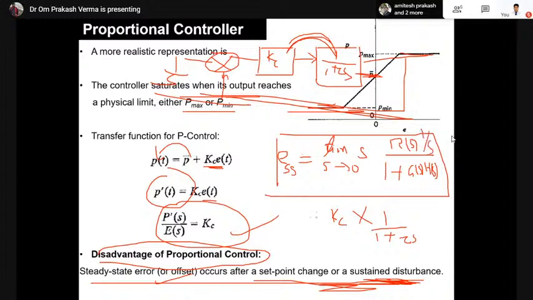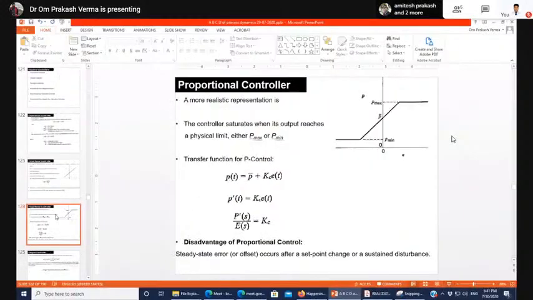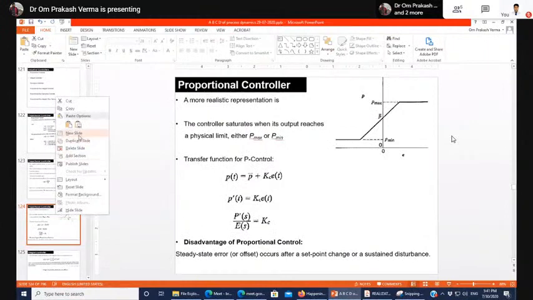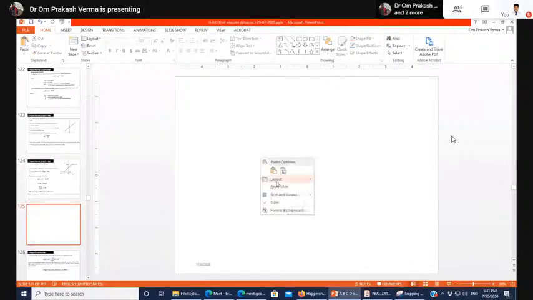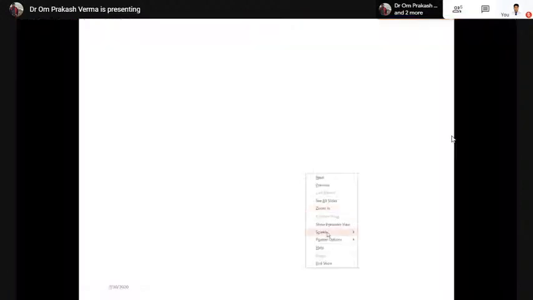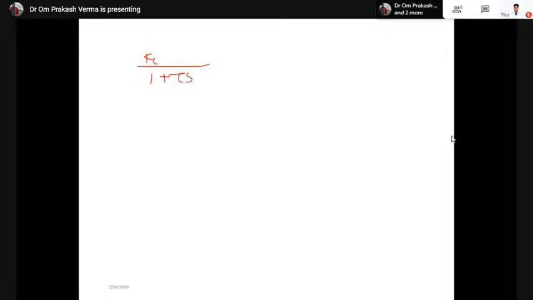I'm taking a new page so that you can understand it very carefully. So Kc into 1 upon (1 plus tau s) is the transfer function.